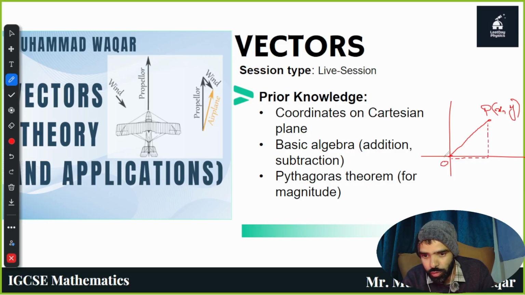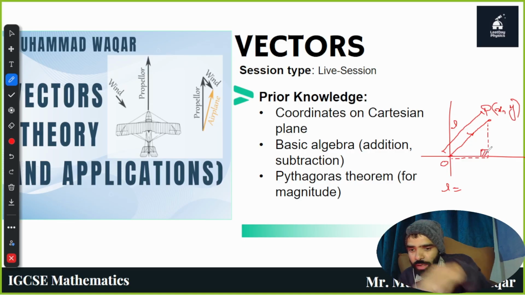If we want to find the length of vector OP, that length would be the magnitude. When we trace the horizontal movement and the vertical movement to reach point P, we end up with a right angle triangle.